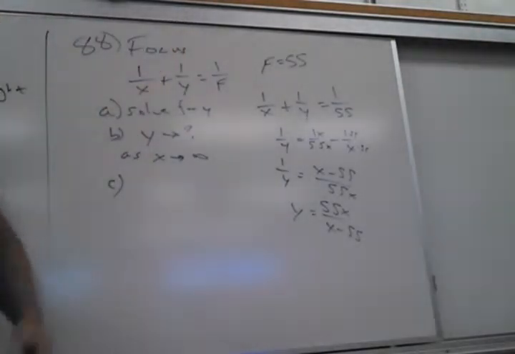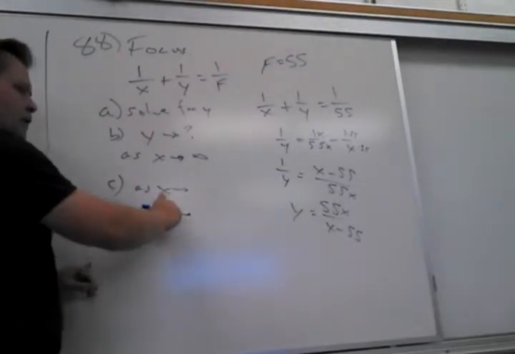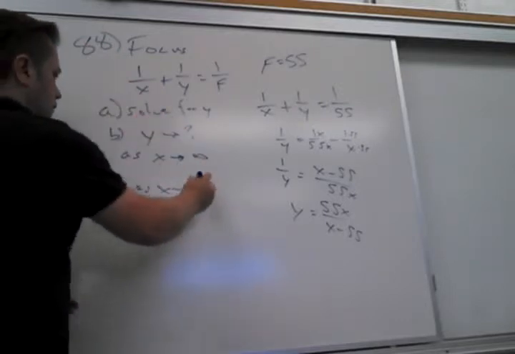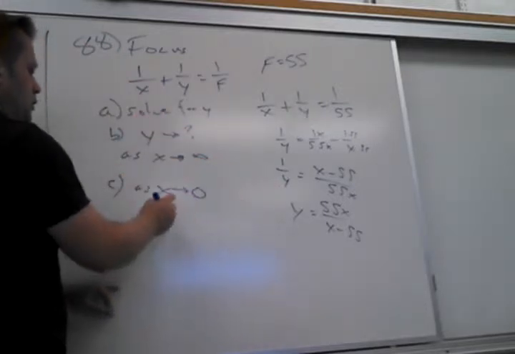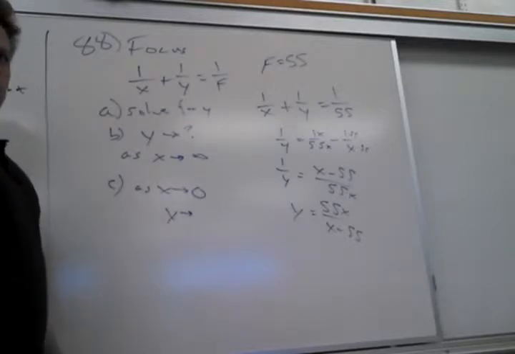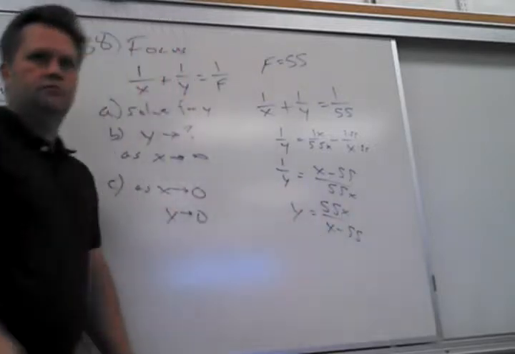So as x goes to what? The distance from the lens, I want it to go to 0 to let the thing get close. As x goes to 0, what's happening to my y? It goes to 0, right? If x goes to 0, you get 0 over negative whatever.